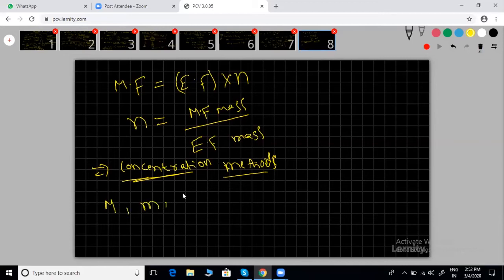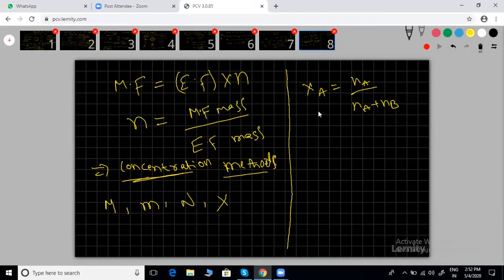Molality, normality, mole fraction. Most of the time they ask questions based on these four. Now we can solve one question directly. What is the mole fraction formula? Suppose XA equals Na by Na plus Nb, if it is a two component solution.